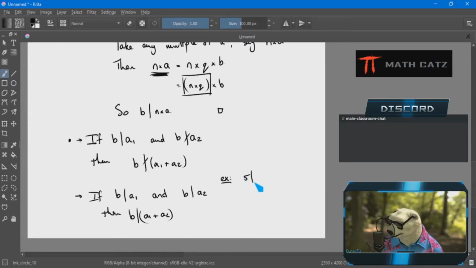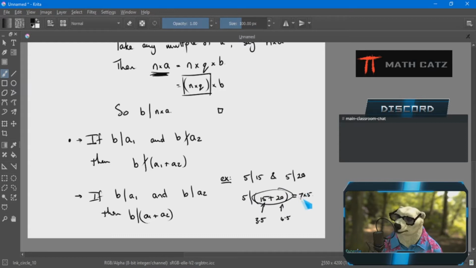If I say 5 divides into 15 and 5 divides into 20, then it's always going to be the case that when I add them up, I get 35 in that case. 5 will always divide into that. Because 15 is 3 times 5, 20 is 4 times 5, so this whole thing is 7 times 5. So I always have a multiple of 5. 5 will divide into that.